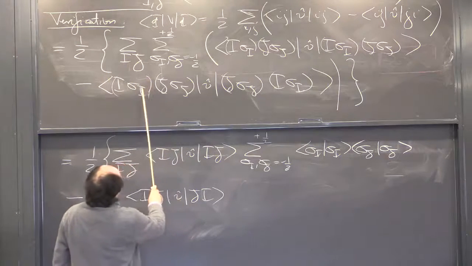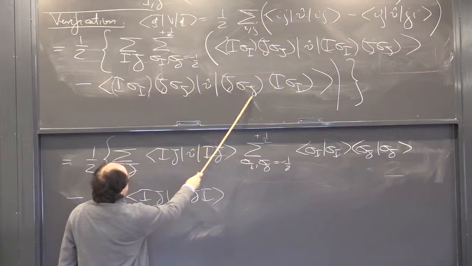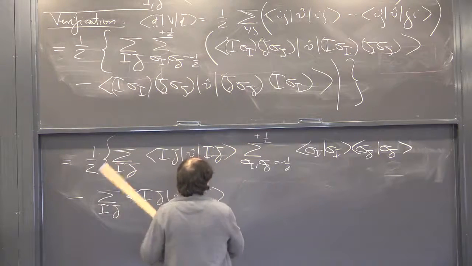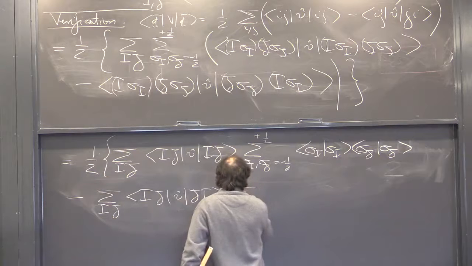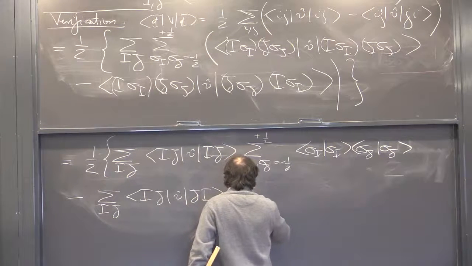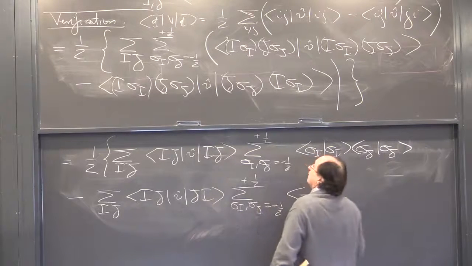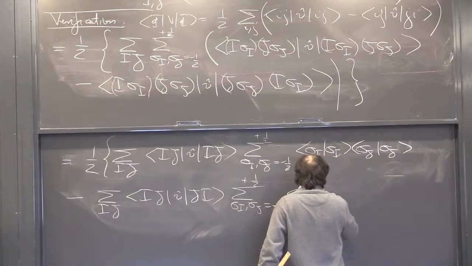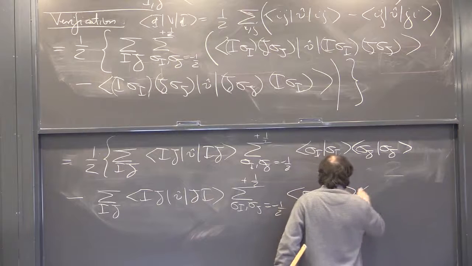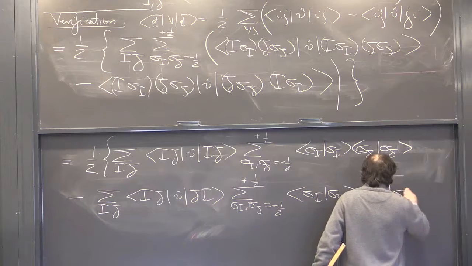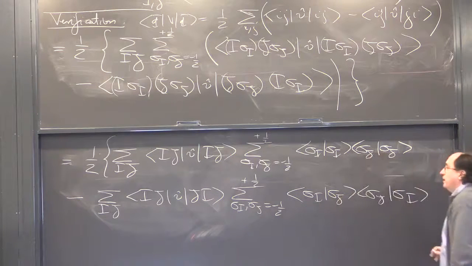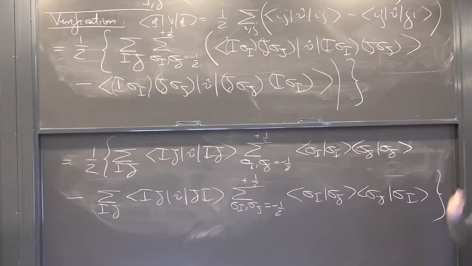And then I will have spin σ_I running into σ_J and σ_J running into σ_I. So we end up with a summation over σ_I, σ_J going from minus 1/2 to plus 1/2, and our canonical deltas are ⟨σ_I|σ_J⟩ and then ⟨σ_J|σ_I⟩. That's what we would have to do.